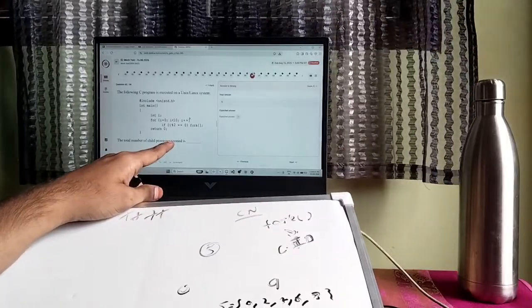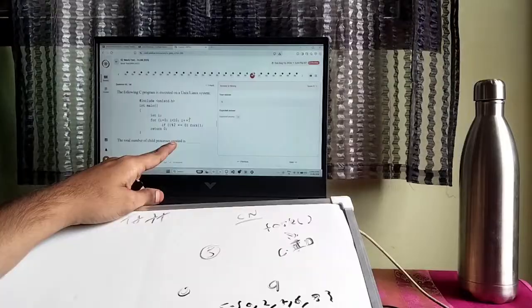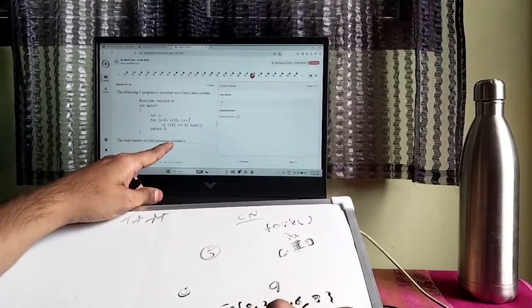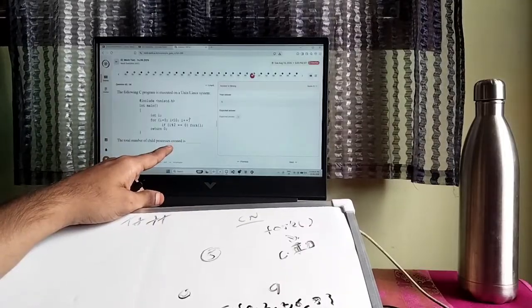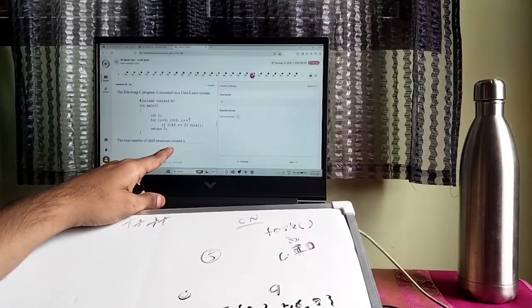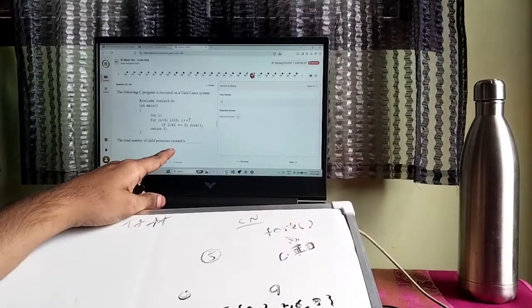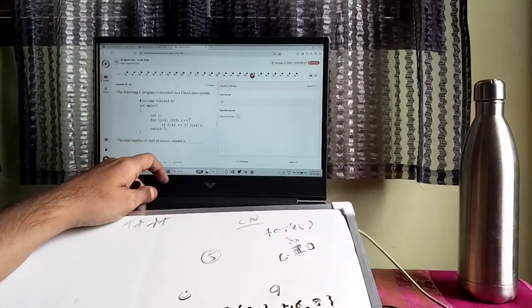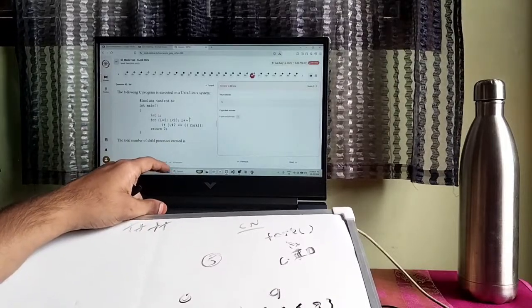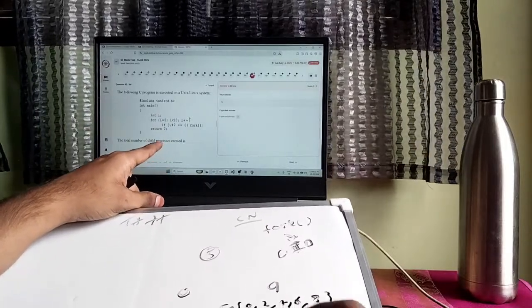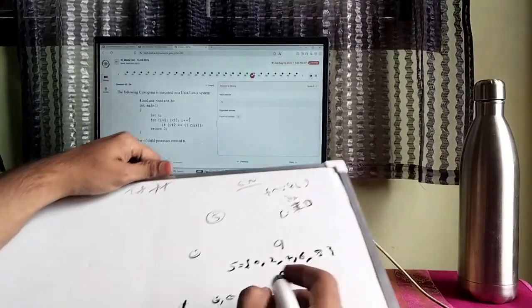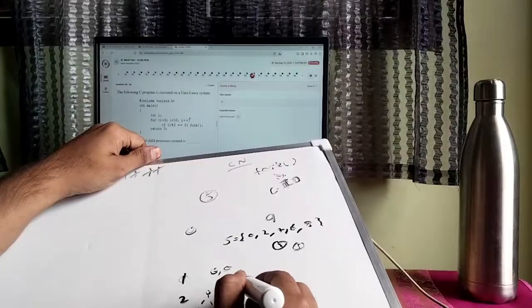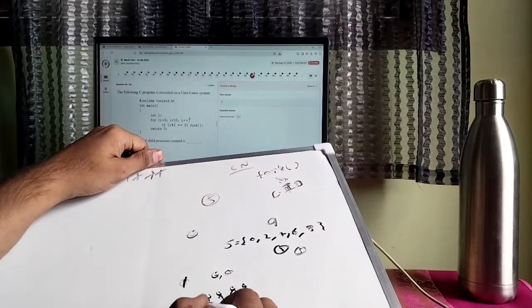There are 5 such times. The parent will create 2 processes, and each of those will create 2 again, and so on. In this way it is a GP.